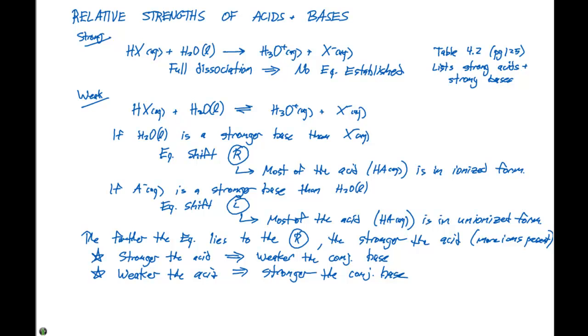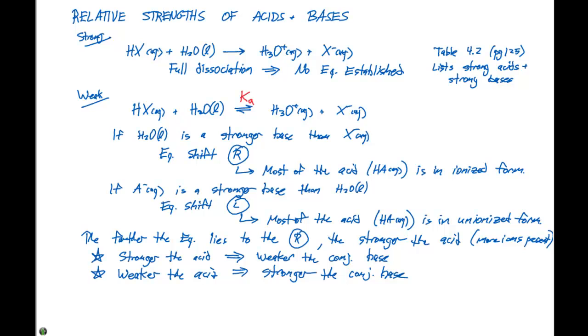I'm going to come back up here and we're going to look at this particular expression, and we need some type of equilibrium constant in order to describe the equilibrium that we have for a weak acid. So for all of our equilibrium constants, we have an equilibrium constant K. The subscript we're going to use to describe acids is a Ka.